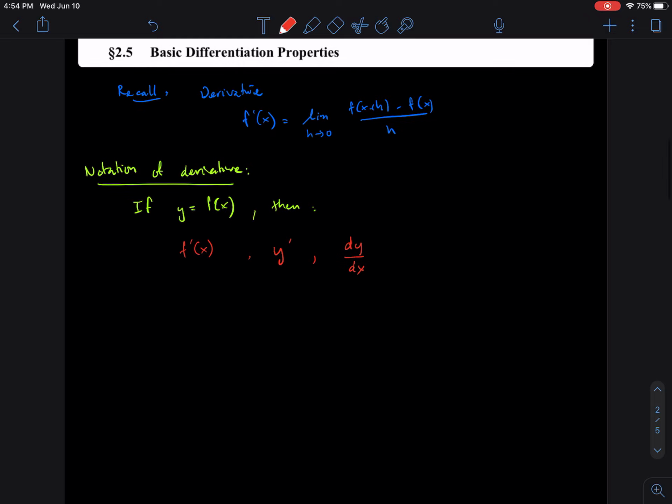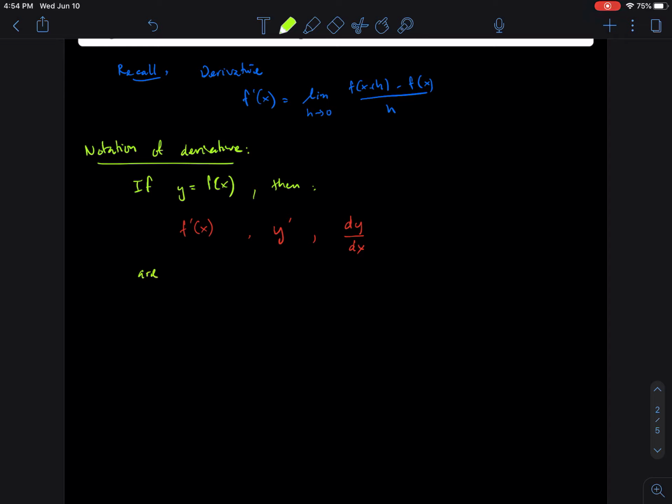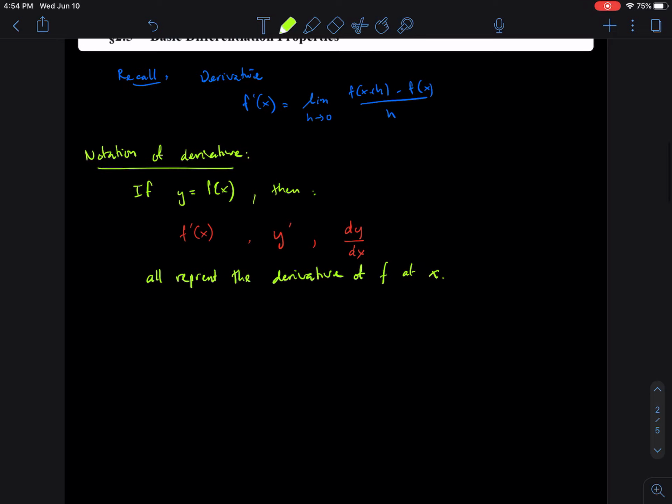This means take the derivative of y with respect to x. All three mean the same thing. Okay, so all represent the derivative of f at x.